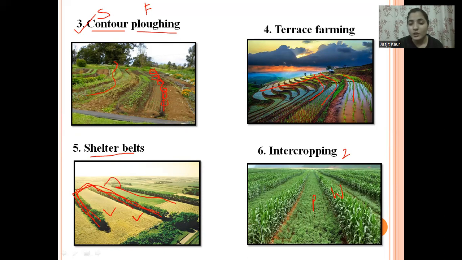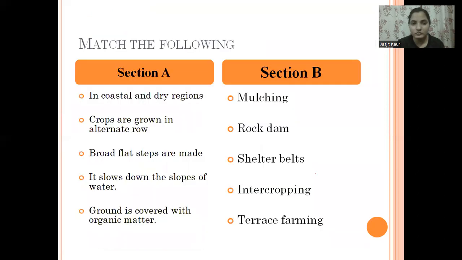When the wheat is cut down and harvested, that crop will protect the soil, as its roots will protect the soil from erosion. So we can adopt the intercropping method where we grow two crops together, so that when one crop is cut down, the other crop will be there to protect the soil from erosion. So these are the different methods that we can adopt in order to conserve the soil.